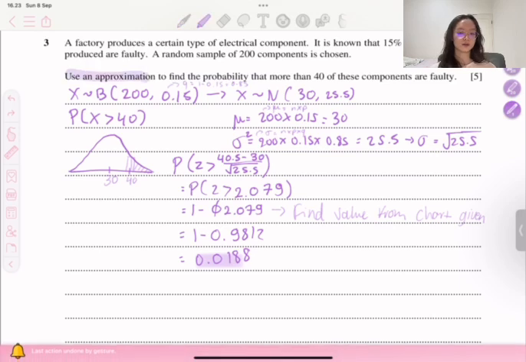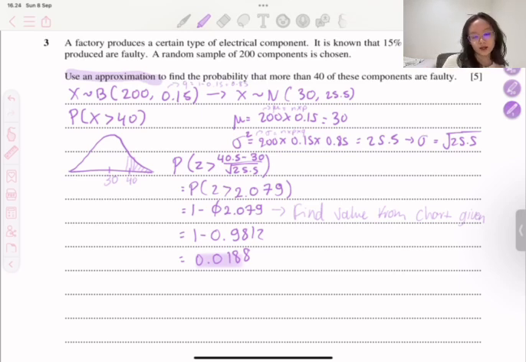we will have to change this binomial distribution into a normal distribution. So here we have X follows B(200, 0.15), 200 being the number of trials and 0.15 being the chance of success. In this case, the chance of success is the chance that the components produced are faulty.